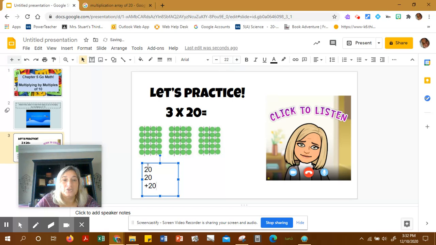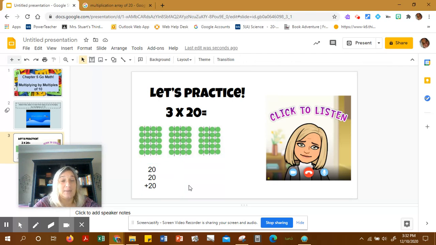Now, Mrs. Stewart chose to write it up and down instead of across because when we have bigger numbers, it's easier to put them vertically so that if I have to carry, I can carry my ones over to my tens. So I could do 20 plus 20 plus 20, and I would come up with the exact same answer of what 3 times 20 is.